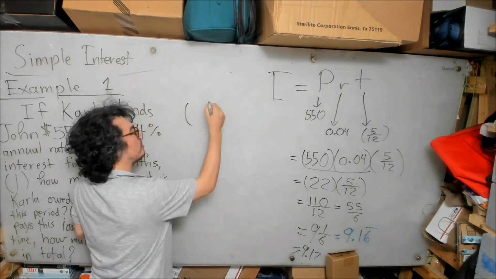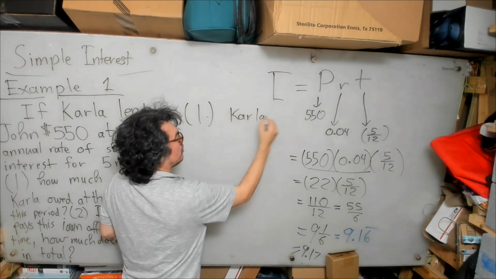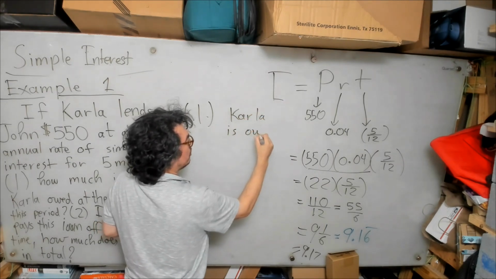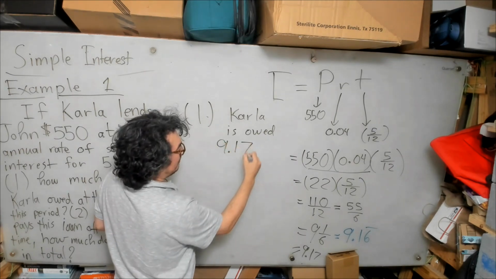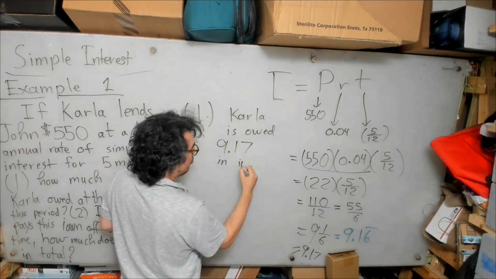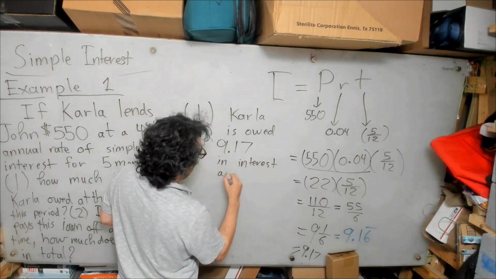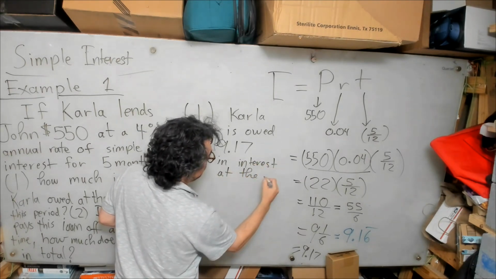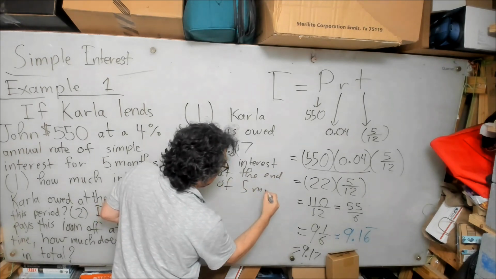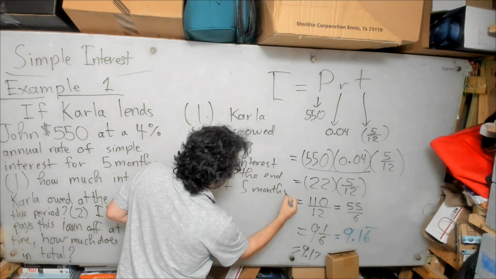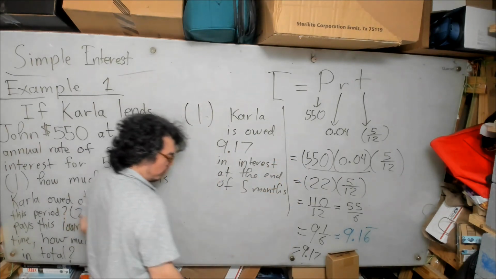So to answer question 1, Karla is owed $9.17 in interest at the end of 5 months. That's number 1.